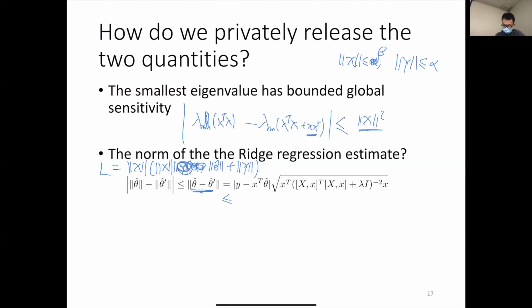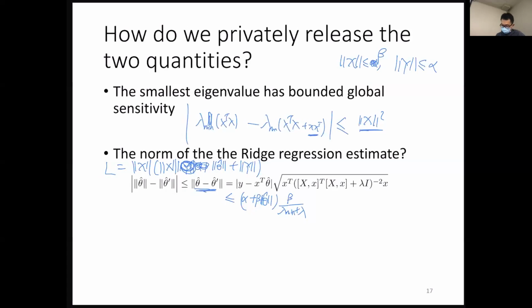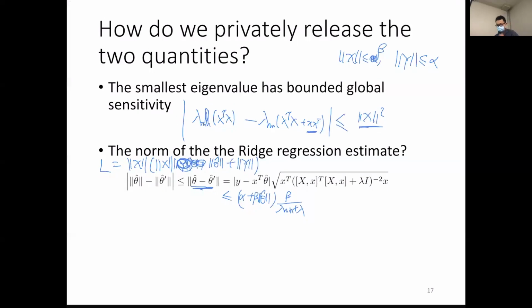Then we can bound this with alpha plus beta theta norm, multiplied by a square root, so we have beta over lambda mean plus lambda. Right, so there's a -2 over here, so this is the expression.